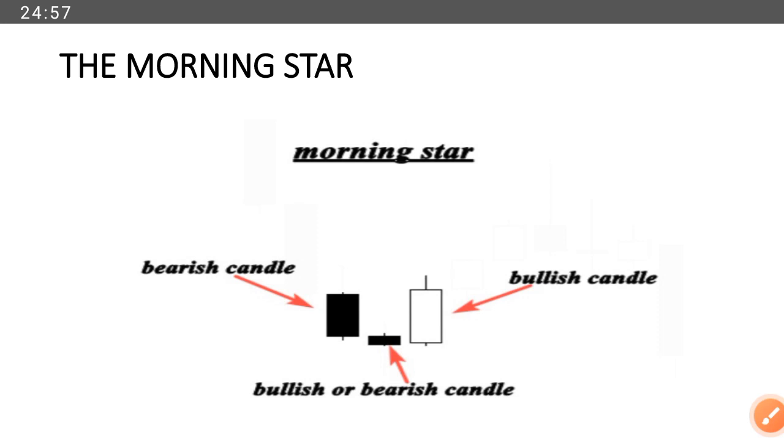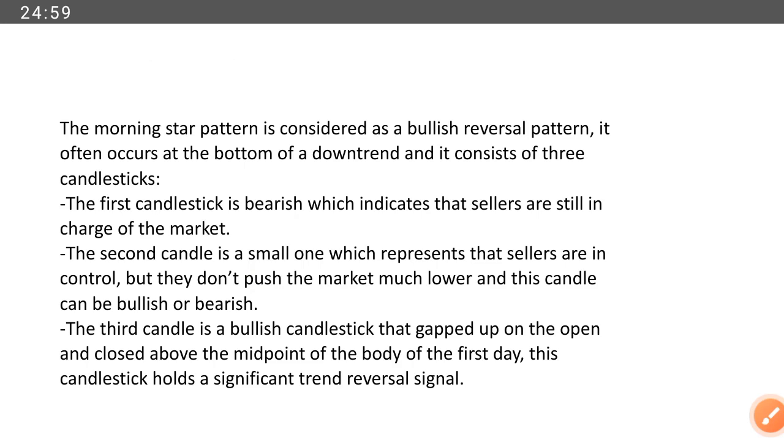Now, the morning star pattern is considered a bullish reversal pattern. It often occurs at the bottom of a downtrend, and it consists of 3 candlesticks. The first candlestick is bearish, which indicates that sellers are still in charge of the market. The second candle is a small one, which represents that sellers are in control, but they don't push the market much lower.